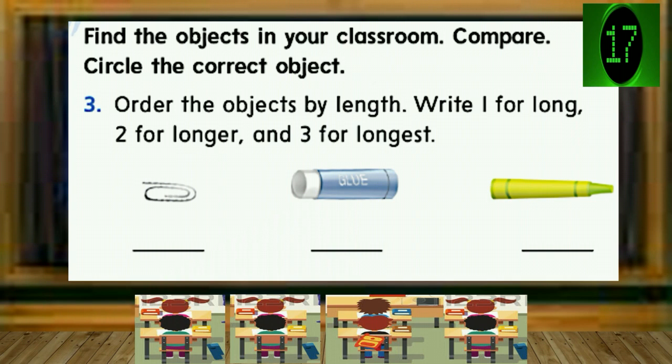Order the objects by length. Write 1 for long, 2 for longer, and 3 for longest.